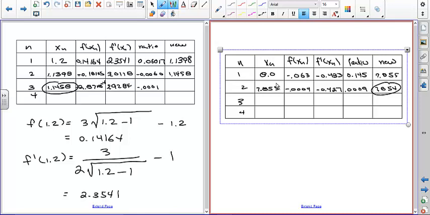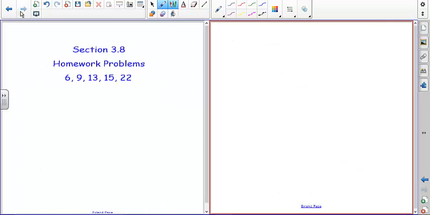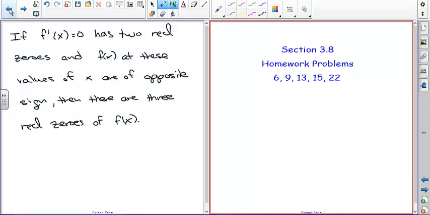And it wouldn't take that long, but it would certainly take longer than using calculus to figure that out. So here are your problems for section 3.8: 6, 9, 13, 15, 22. So you can see the procedure's not that difficult. You've just got to make sure you get the derivative correct, and then you plug it in your calculator correctly.